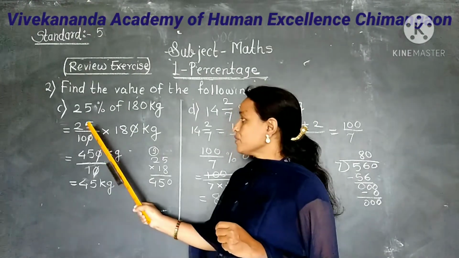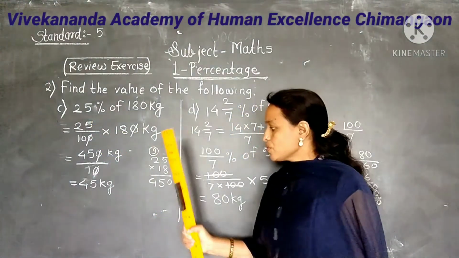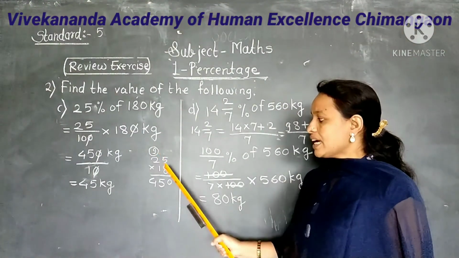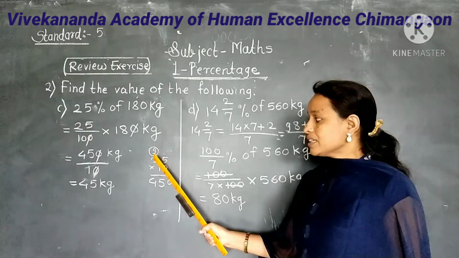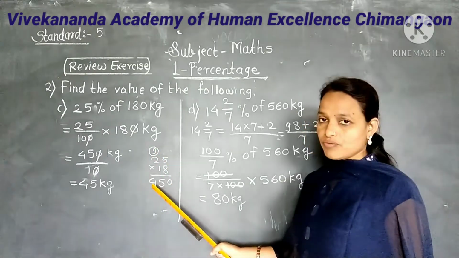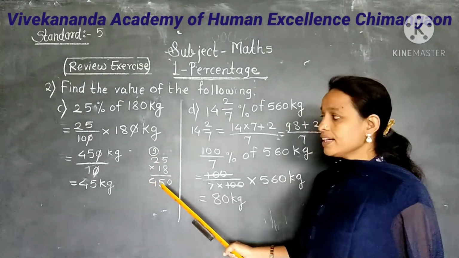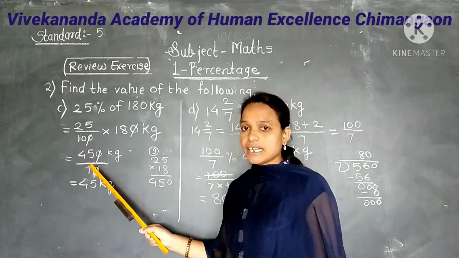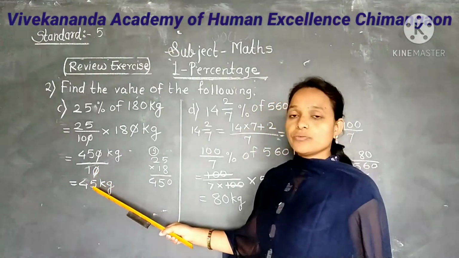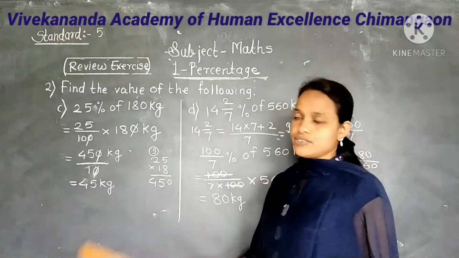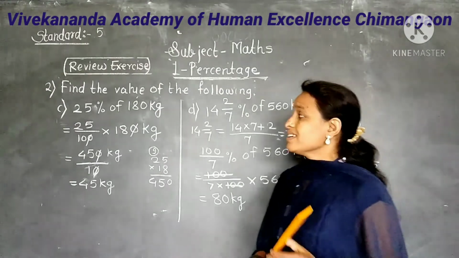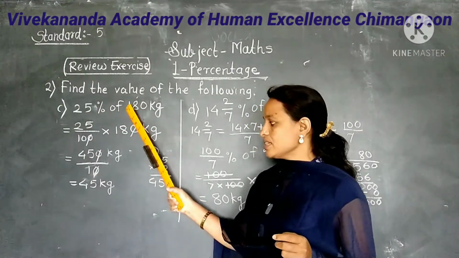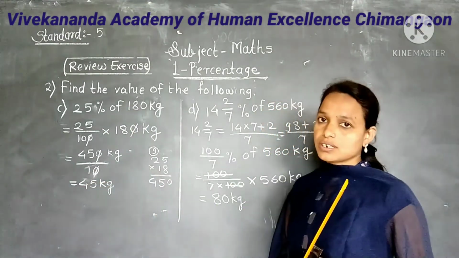Now we have to multiply 25 by 18. So 8 5s are 40, 0, carry over 4, 1 5 is 5, plus 4, 9. So we get here product 450. So we write here 450 upon 10. 0 gets cancelled. We get here 45 kg. So value of 25% of 180 kg is 45 kilogram.